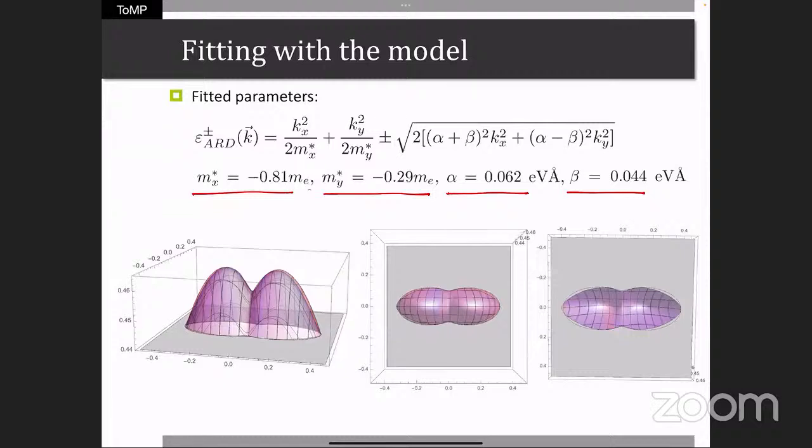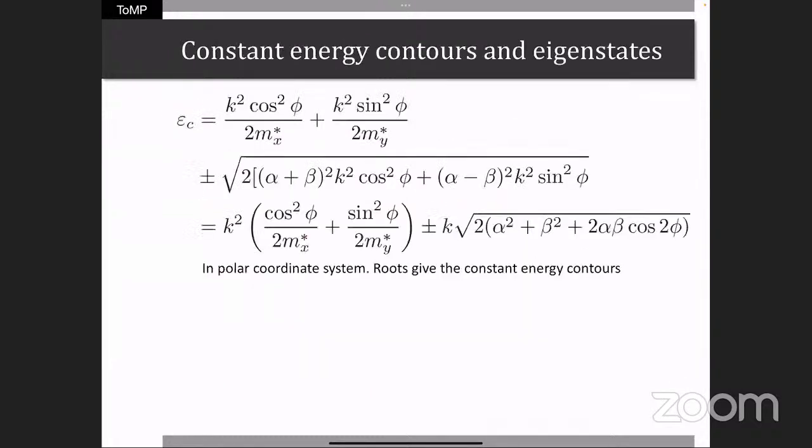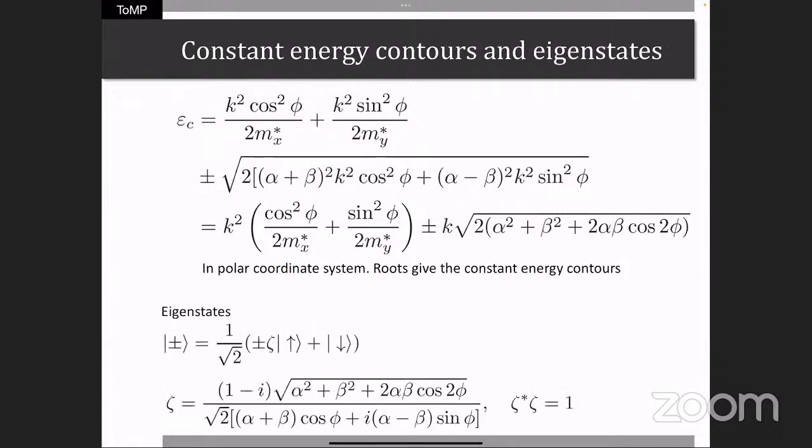And we can evaluate the constant energy contours by equating this eigenvalue to a constant energy and then evaluating the roots. The eigenstates can be evaluated like this. The plus minus, these are the eigenstates, and they are given by up and down spinors, with zeta being a complex number given by this here.